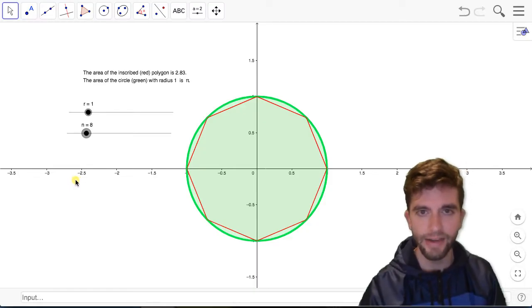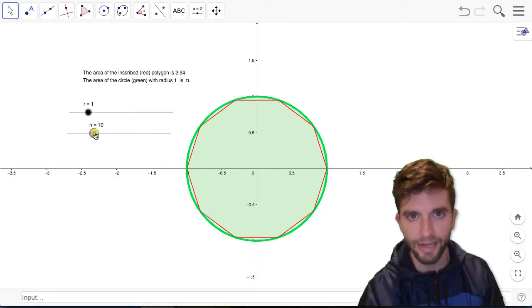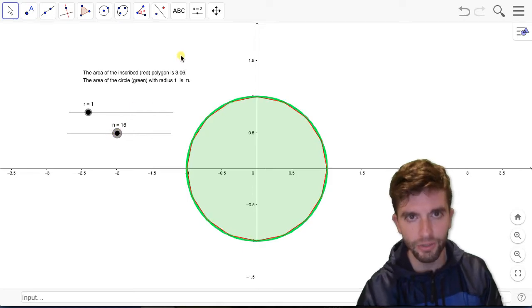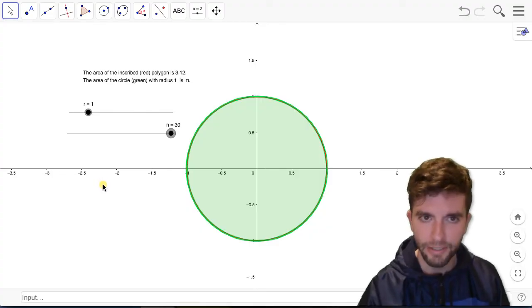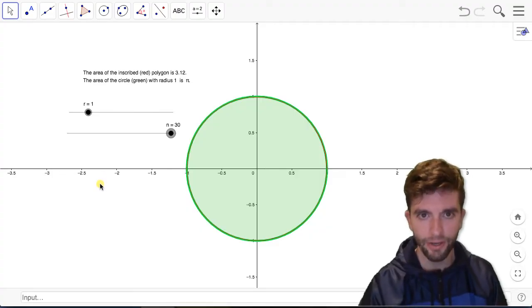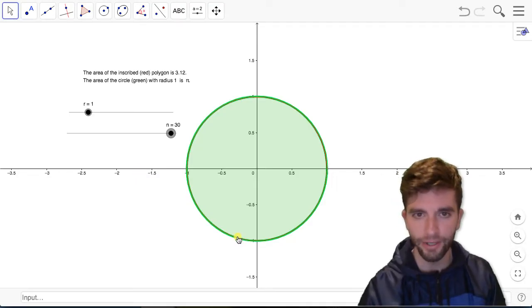Well, why don't we just add an infinite number of sides to this polygon? The more sides we add, the more it fills the area of the circle, and the closer the area of the polygon gets to the area of the circle. You can see that we're really closely approaching 3.14. So theoretically, if we could have a polygon inside with an infinite number of sides, if I could let the number of sides of the polygon approach infinity, what would the area of that polygon be approaching?